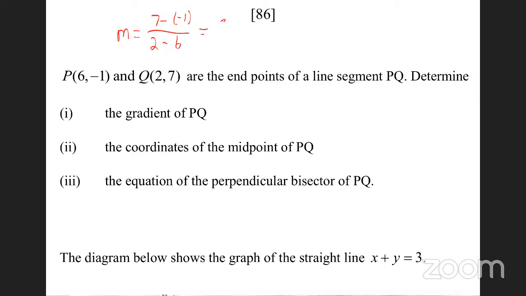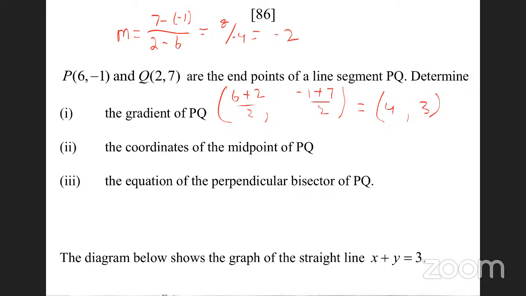So I got 8 over minus 4, which is minus 2. Anybody got that? Then they want the coordinates of the midpoint. To get the midpoint, you add up the 2 x values divided by 2, and the 2 y values divided by 2. So that's 8 over 2, which is 4, and 6 over 2, which is 3. So 4, 3.